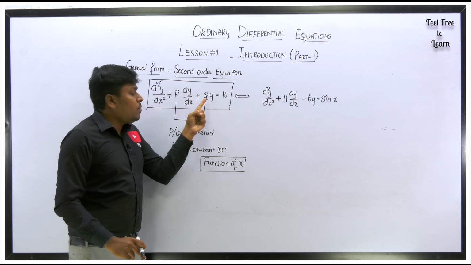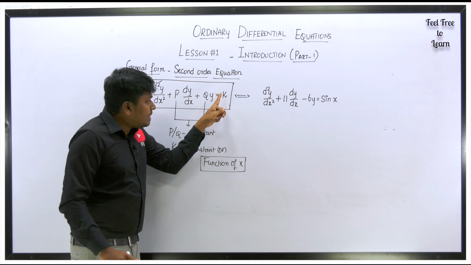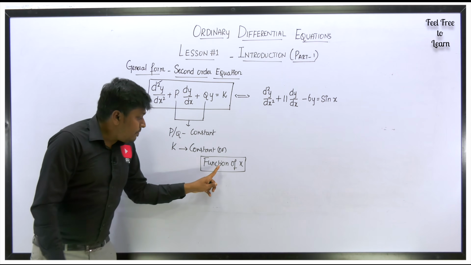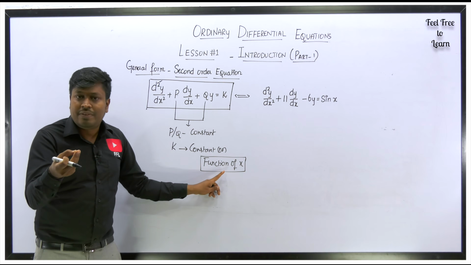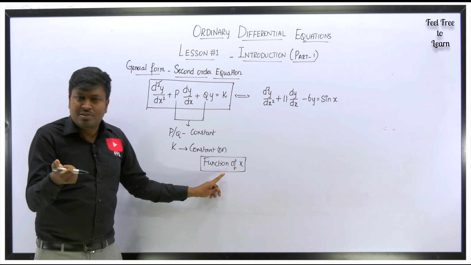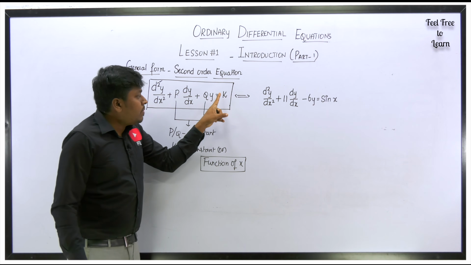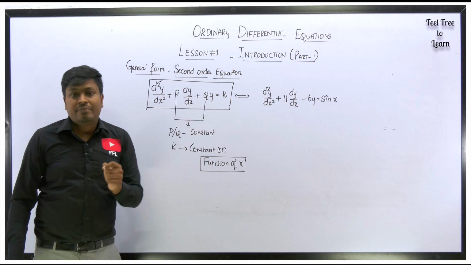So p and q will definitely be constants, but in the place of k, it can be a constant or else a function of x. Sin x can be one function of x, cos x a function of x, tan x a function of x. Understood or not? So in the place of k there are two chances: either you see a constant, or you see a function of x.